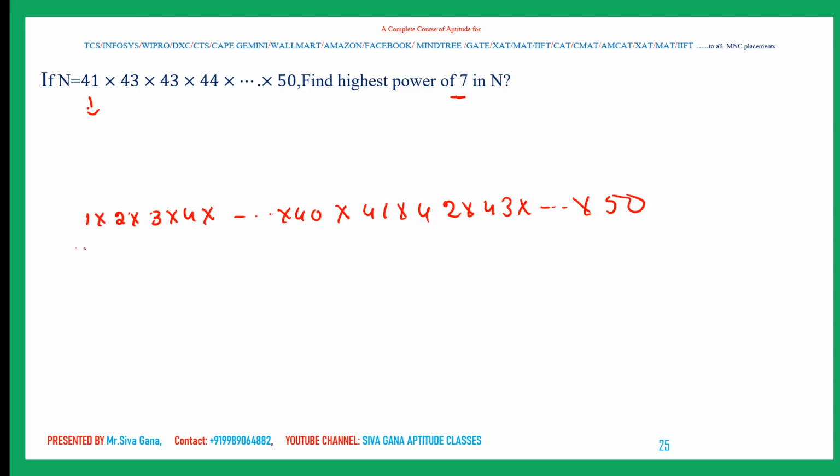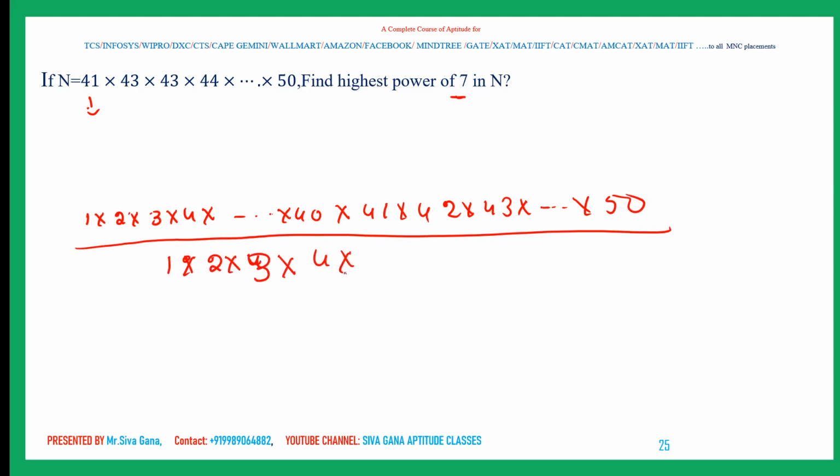I'm multiplying the numerator by 40 factorial, so I'm also dividing by 40 factorial, which means there is no change in the number. The numerator is then 50 factorial and the denominator is 40 factorial. So what is the maximum power of 7 in 50 factorial?